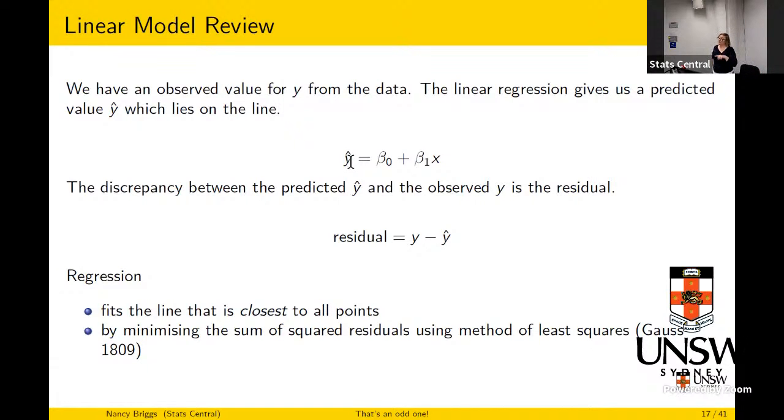And the discrepancy between what we've actually seen and that y hat predicted value is what we call our residual. So our ordinary least squares regression line fits the line that is closest to all the data points in aggregate by minimizing the sum of squared residuals.